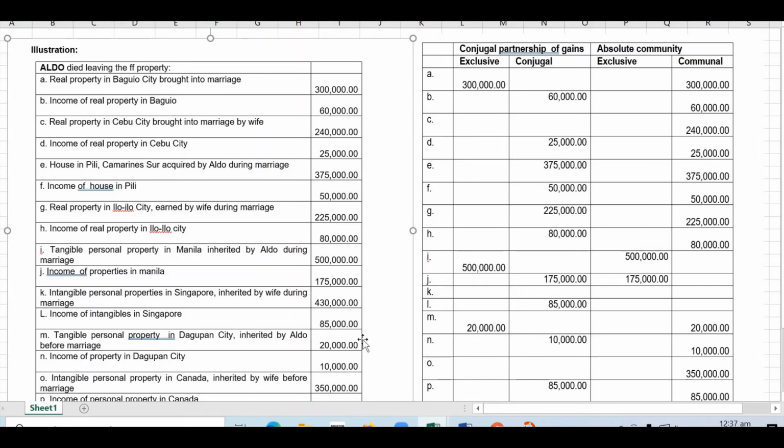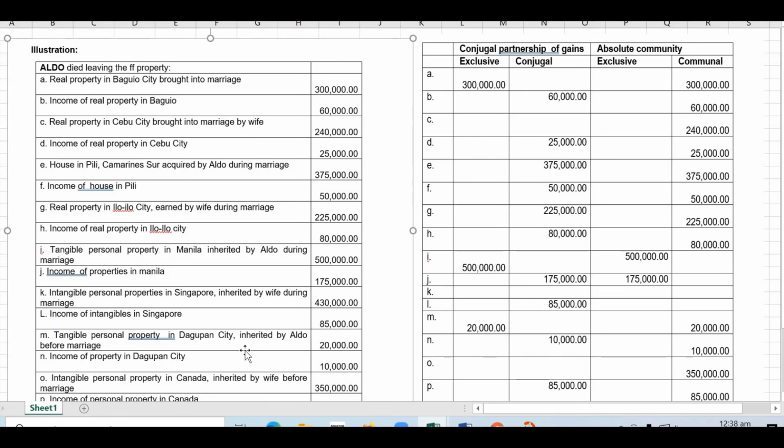However, ang income nito, income is always conjugal, so part siya ng conjugal property under conjugal partnership of gains. However, sa absolute community, since the property is exclusive, exclusive din yung income niya, diba? So, exclusive ni wife ang income ng property na na-inherit ni wife during marriage kasi exclusive yun.